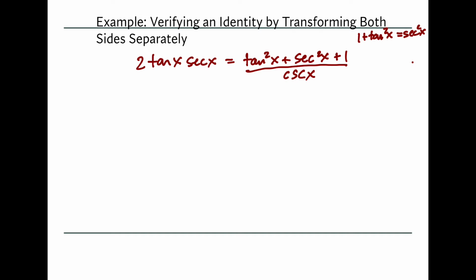And if we subtracted 1 to the other side, we can always mess around with those as well. But I can take this tangent squared x plus 1 and write it as another secant squared x. So that would give me secant squared x plus secant squared x on the top.